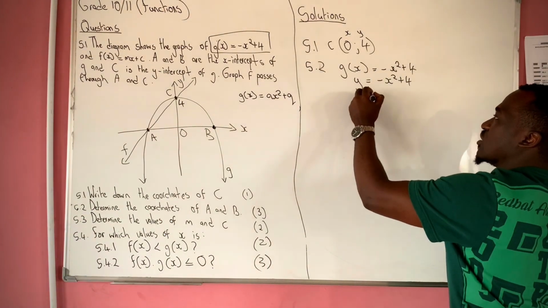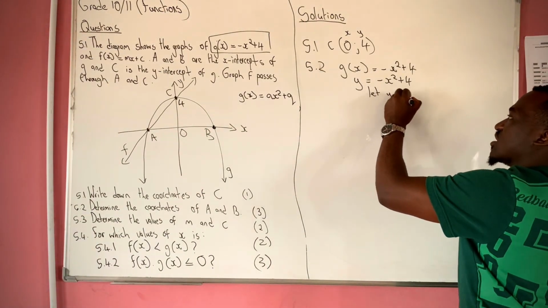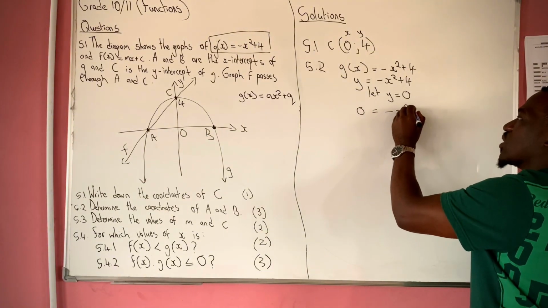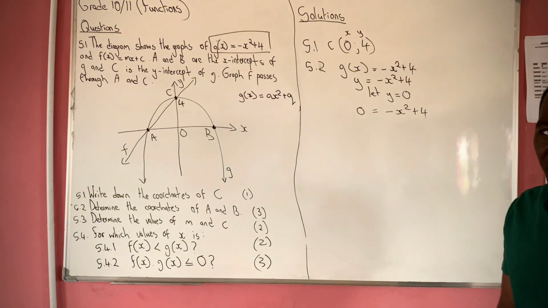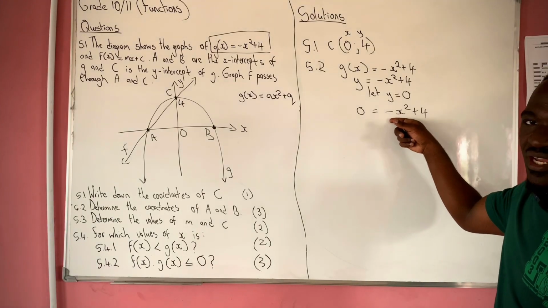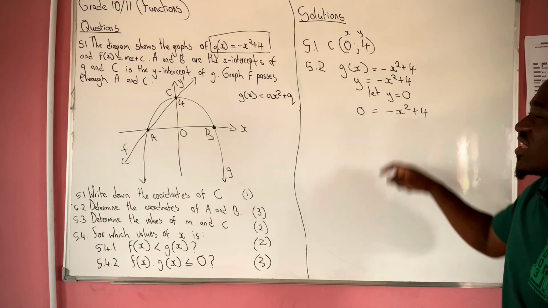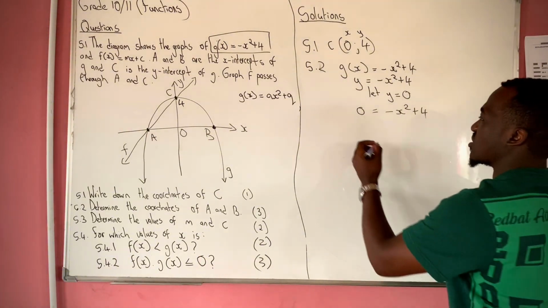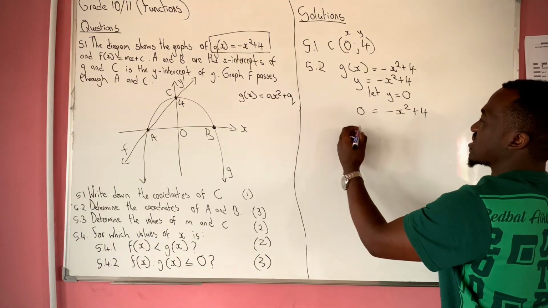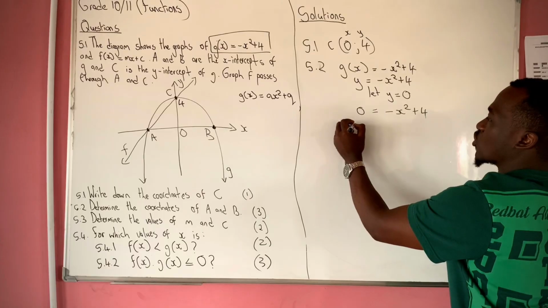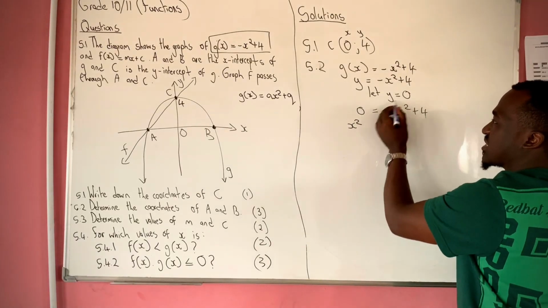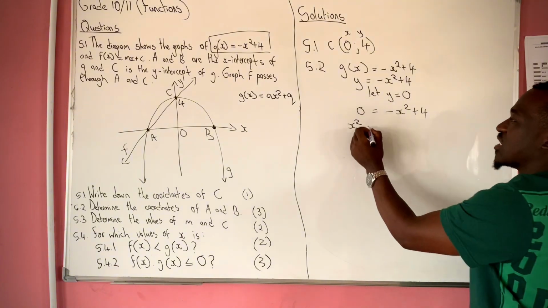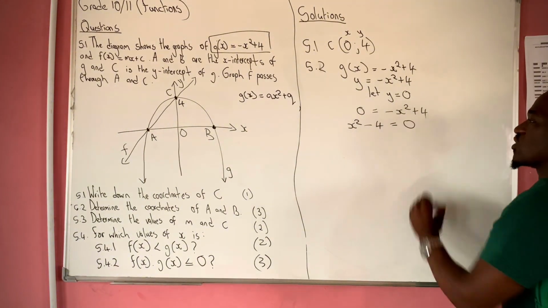We let y equal 0, and then we have 0 equals negative x squared plus 4. We cannot work properly with the coefficient of x squared as negative, so let's make it positive. We transpose everything to the other side, so we have x squared, since the sign changes, and 4 changes the sign to negative 4, which is equal to 0.